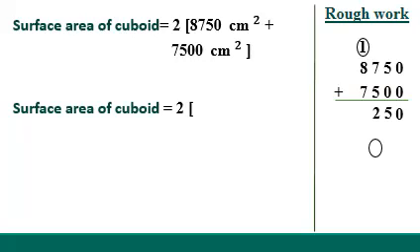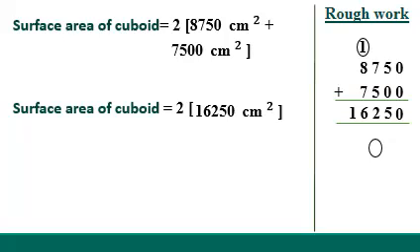Now 8 plus 7 will give us 15 and 15 plus 1 which is written as carry will give us 16. So here we have found the sum of these two numbers, which is 16,250 centimeters square.